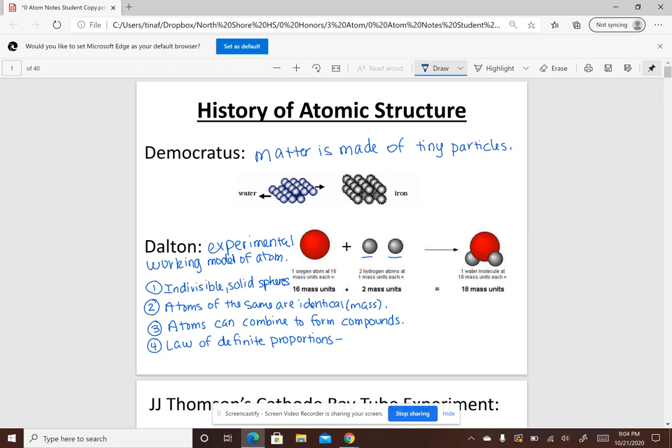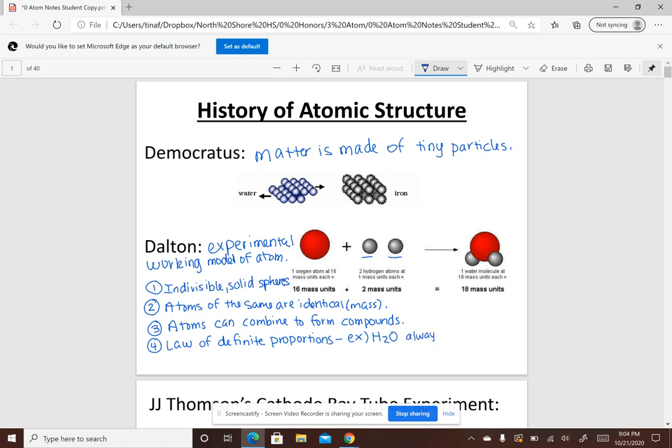It will always be 2 hydrogens and 1 oxygen, and one water molecule will always have a mass of 18 AMUs. If you change the ratio of elements in a compound, the compound's identity will change. You will be changing it into a different compound. So as an example, we can just use water as H2O.